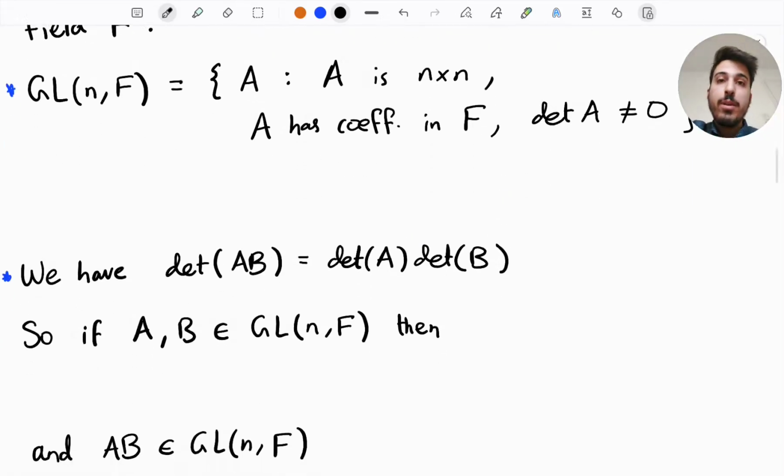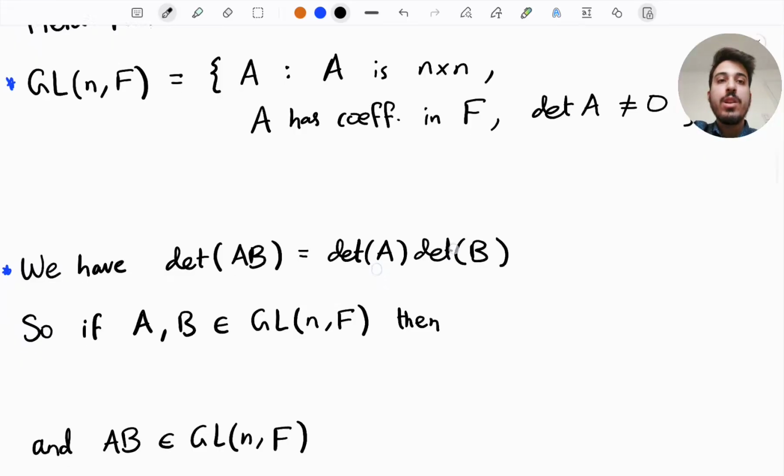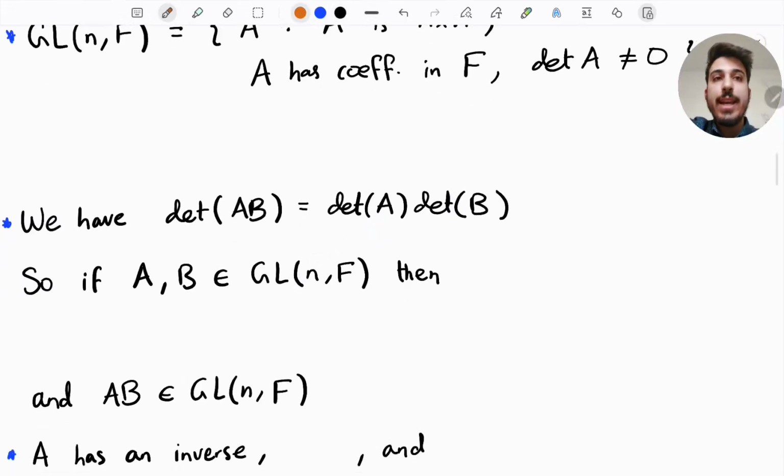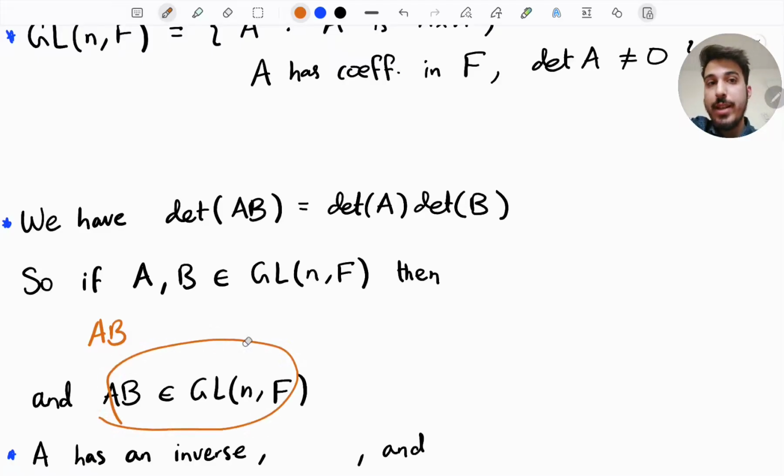So in a group, we have that the set has to be closed under the operation. In other words, if you multiply two elements in the set, you have to have a product which is also inside GL_n(F). So if we have two elements A and B in GL_n(F), and we take their product A times B, then we need to verify that A times B is in fact inside GL_n(F).